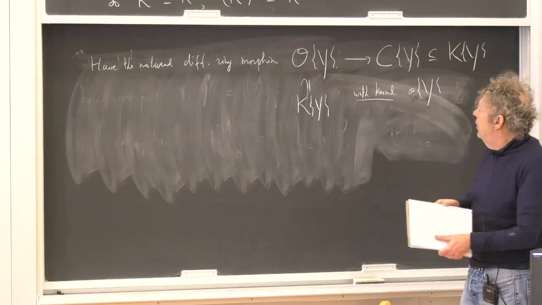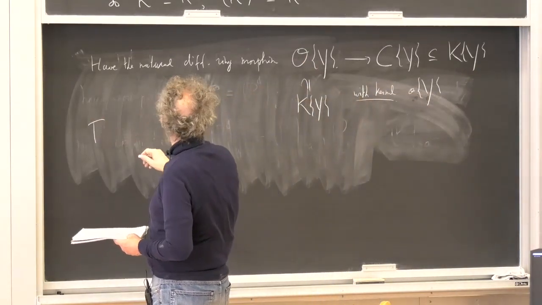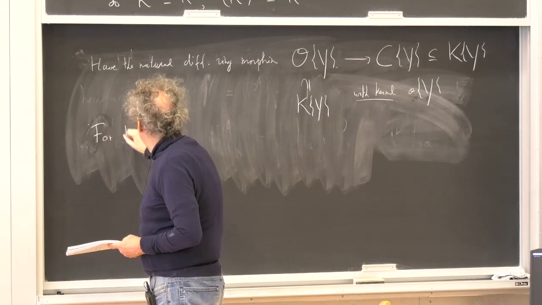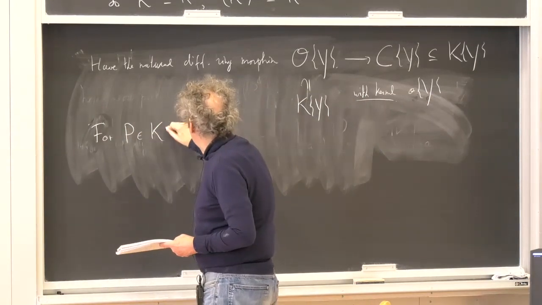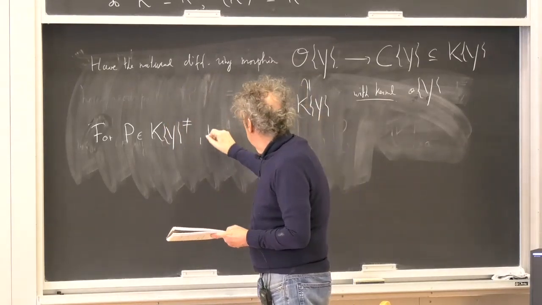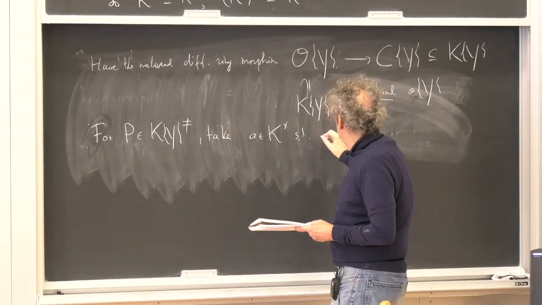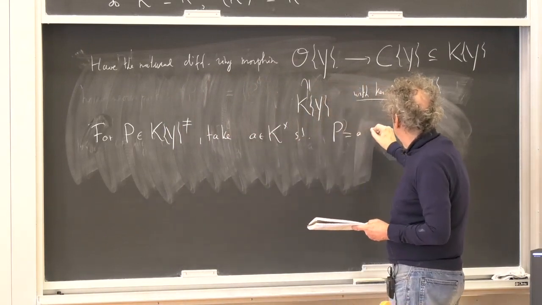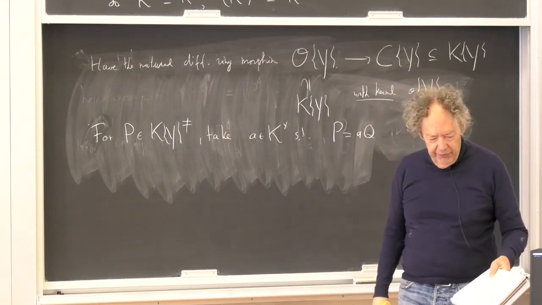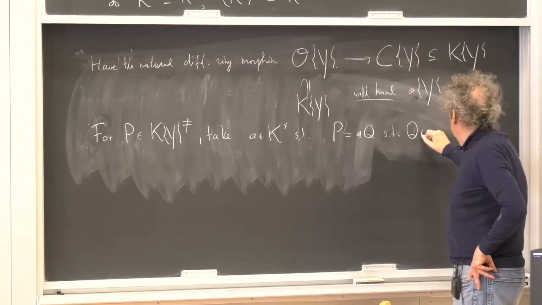Right, so for P in K y non-zero, we take an element A of K such that P equals A Q. You factor out A such that the resulting differential polynomial Q is in O y, but Q is not in the kernel.